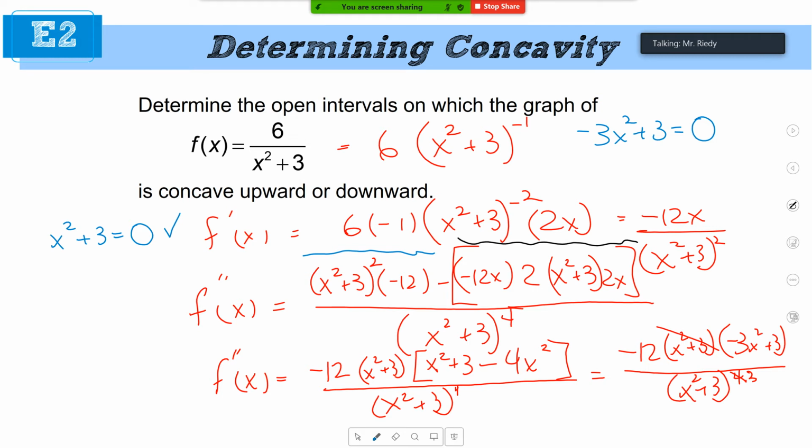Bethany, what do you notice about that x squared plus 3 being equal to 0? Come on, you can do this. Solve it. Tell me what you get. It is negative 3 and then the square root of negative 3.